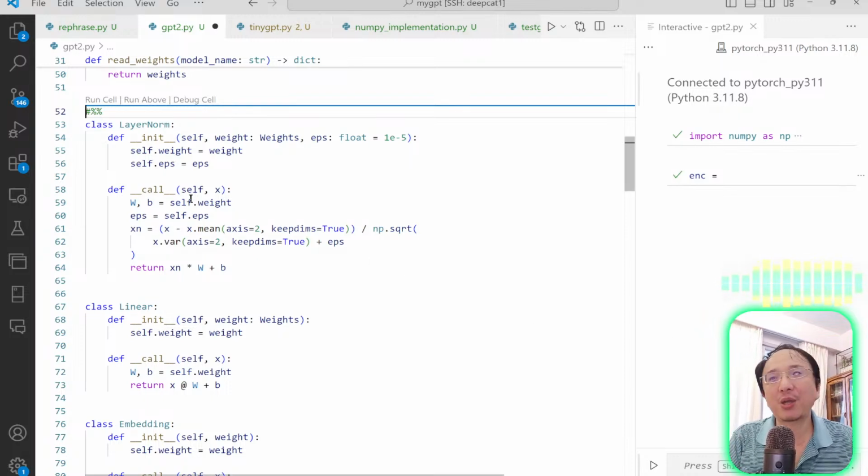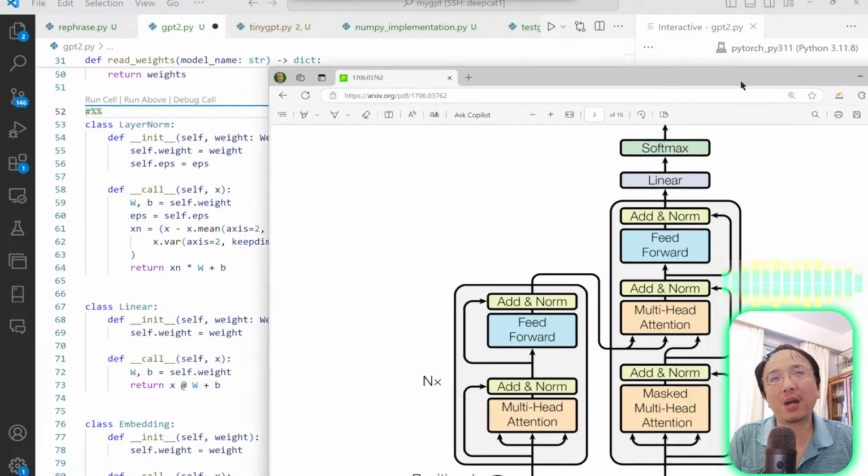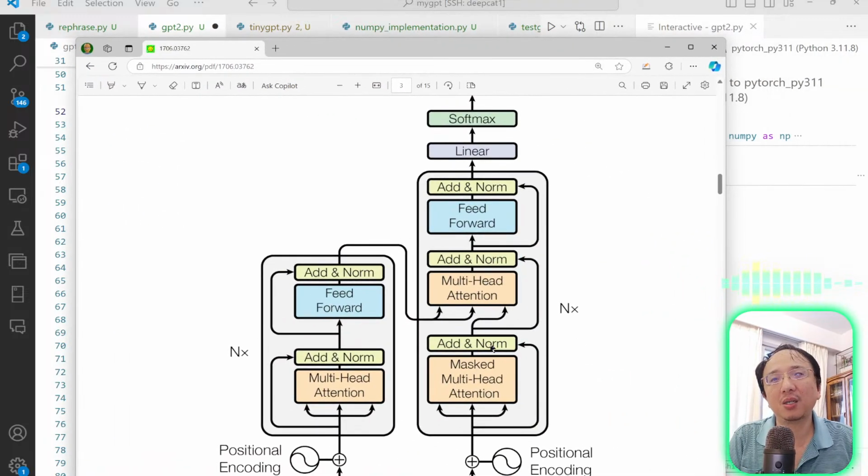Okay, first of all, they are using a norm called layer normalization. Let me try to see where it is. Okay, if you see the building block of the attention block, there's one thing called the norm here.